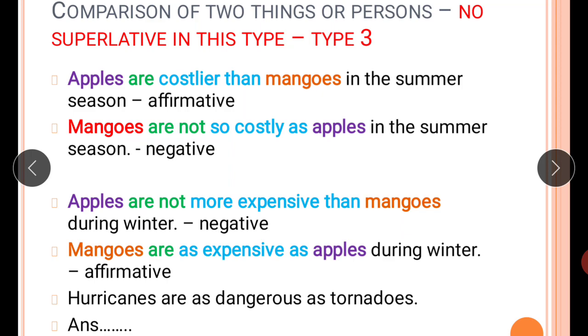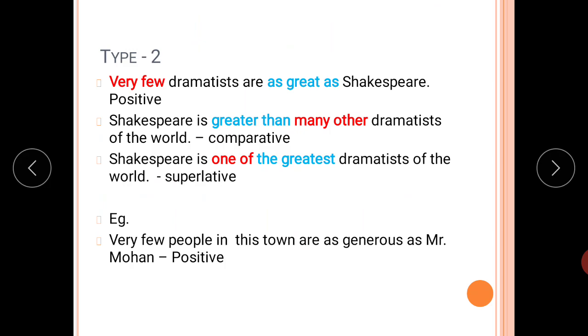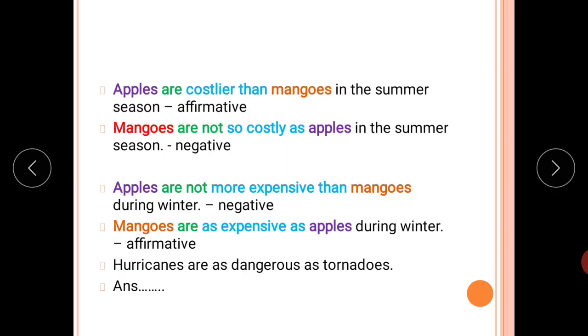And the third point, not so costly as. Until now we are using as. But when it comes with negative, we are using so costly as. Where do we use that? In comparing two things in the negative. There only we use so as.